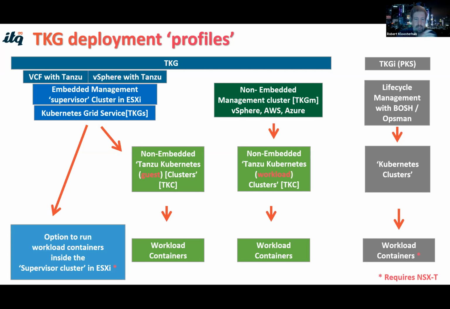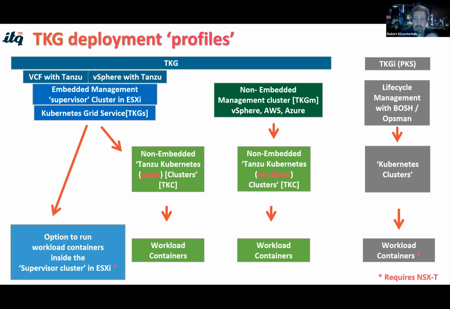And the default place, the first place you start when you have vSphere 7, is always an embedded cluster, to have the Kubernetes cluster itself, including all the pods that are in it, running inside the hypervisor, inside ESX, as if it was a bunch of VMs. But the next cluster you deploy, you will deploy outside of that embedded world.